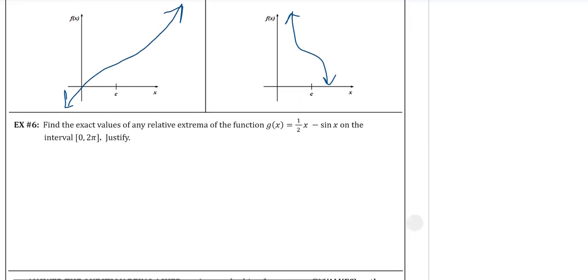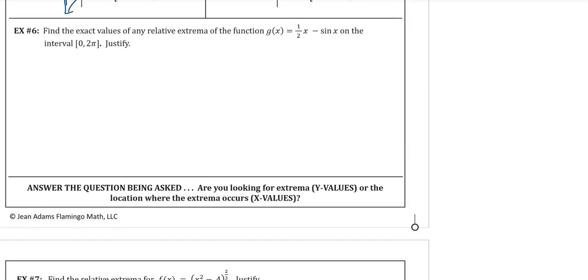All right, number 6. Find the exact values of any relative extrema of the function g of x equals 1/2 x minus sine x on the interval from 0 to 2 pi. Justify your answer. So what we're going to do first, of course, is take the derivative. So g prime of x is going to equal 1/2 minus cosine x.